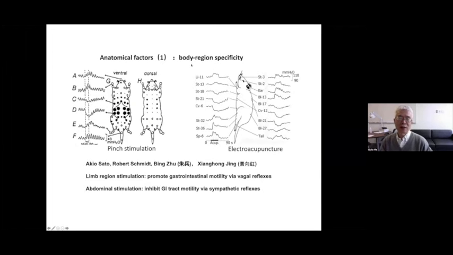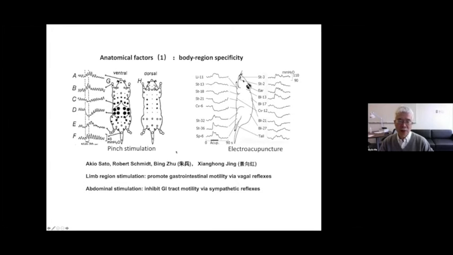And this idea, in terms of scientific research behind body region specificity in driving the somatosensory autonomic pathway, was actually pioneered by Sato and Robert Schmidt in the late 1970s and early 1980s.